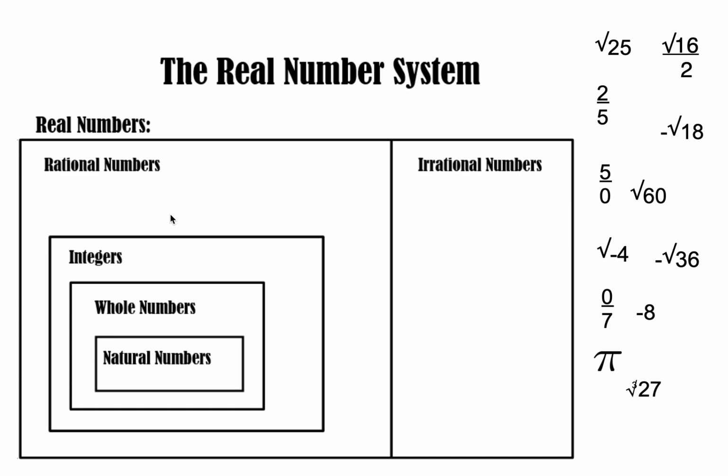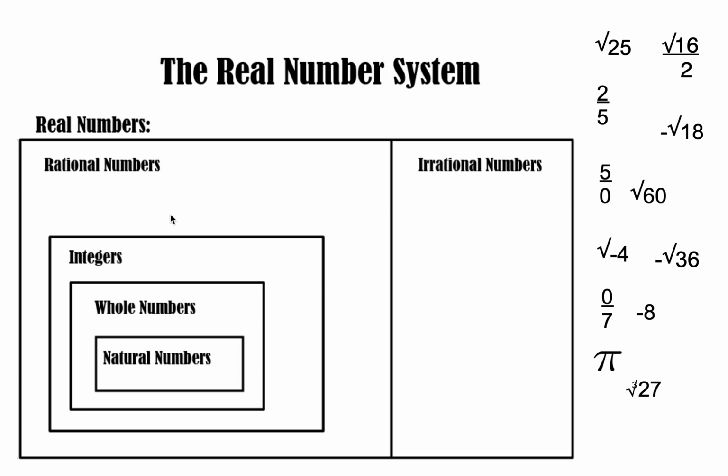And in order to be written as a rational number, if it's a decimal, it needs to either end like 0.5 or have a repeating symbol like 0.3 repeating. That's because a rational number needs to be able to be written as a fraction. It might not look like a fraction, but it needs to have the potential to be written as a fraction.